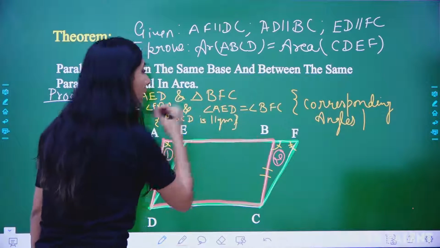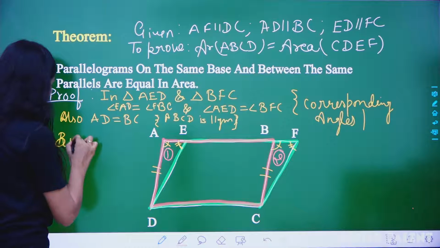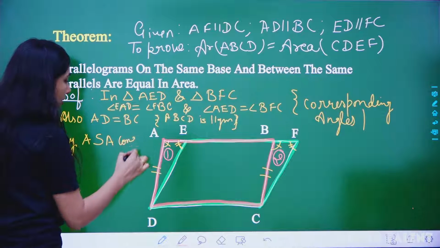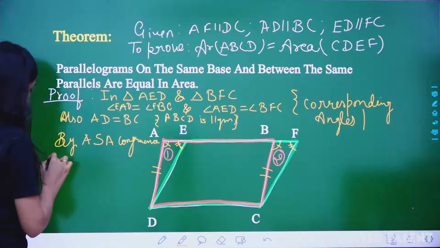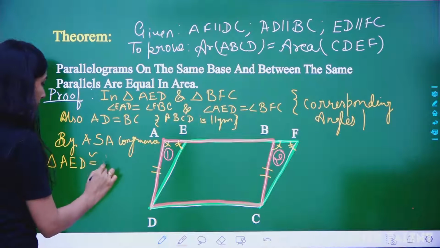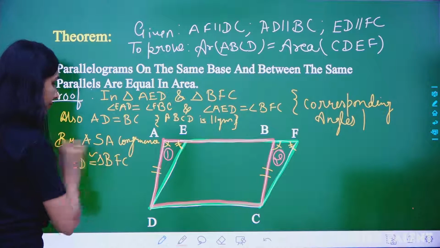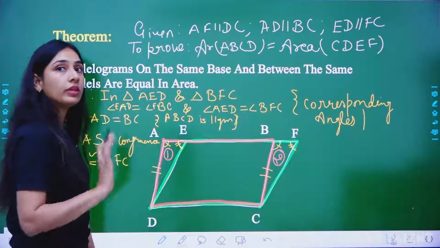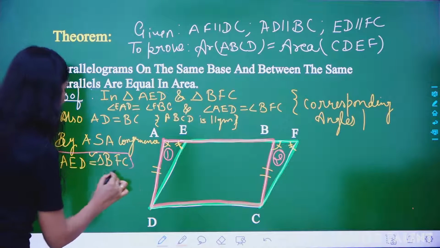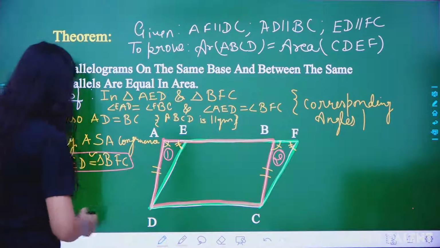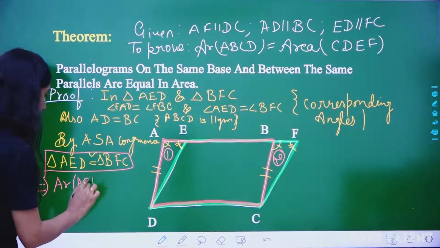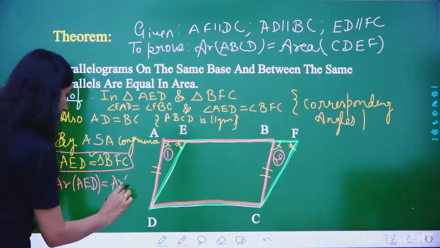So now I can apply what? By two angles and a side congruency, triangle AED is congruent to triangle BFC. These two triangles are congruent to each other. I have proved that. If these two are congruent triangles, then the area of AED is equal to the area of BFC.